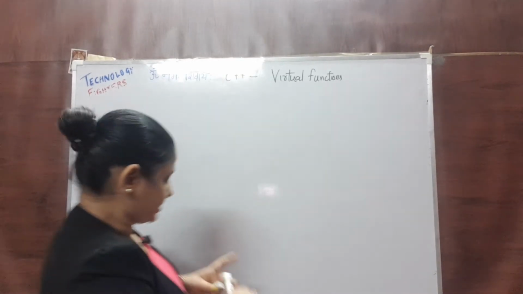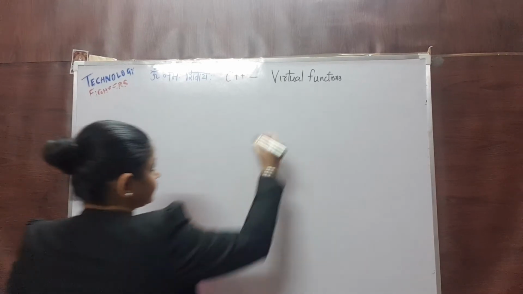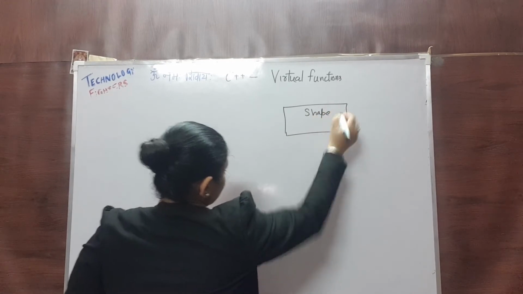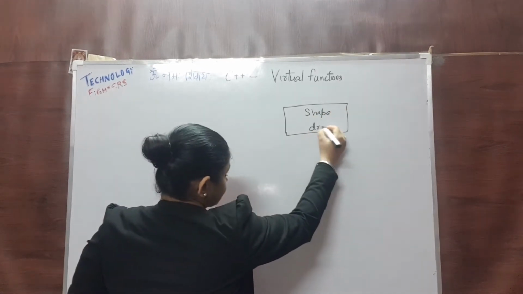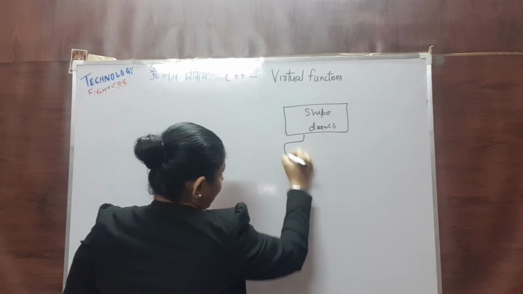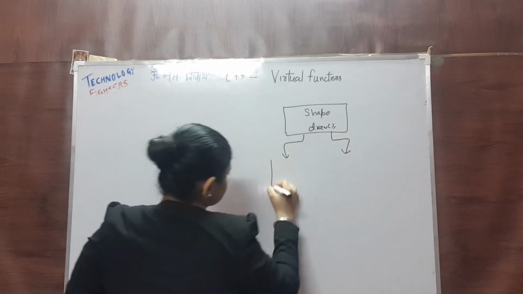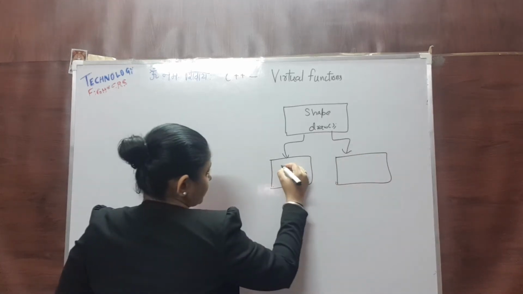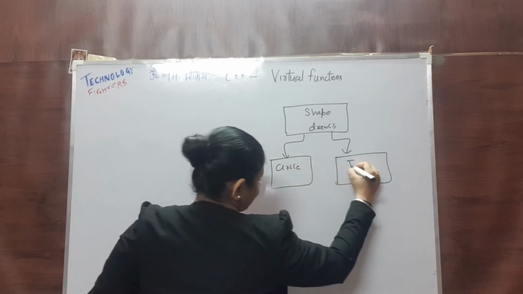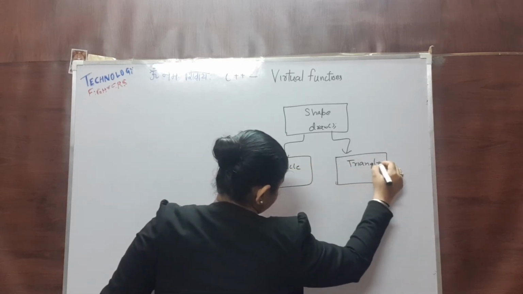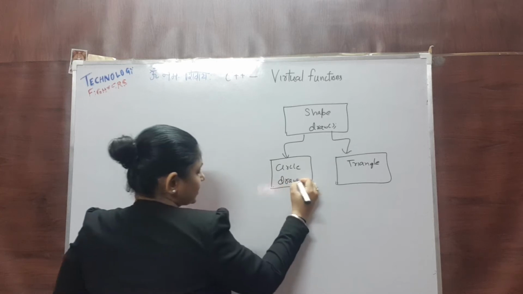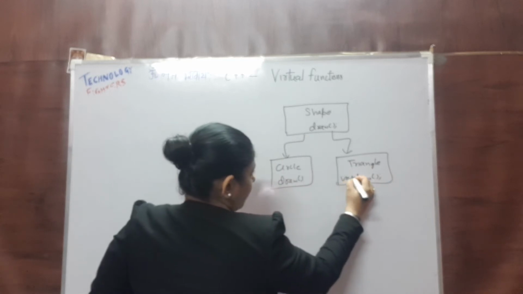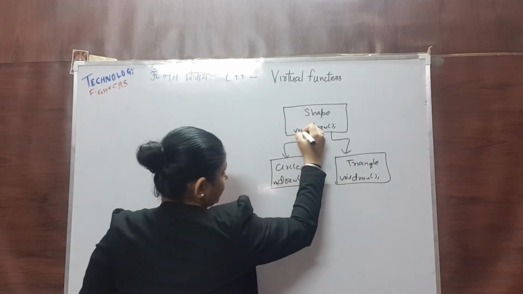Fine. Suppose I have one base class, that is Shape. In this Shape class, I have one draw function, and further this class is derived by two more classes, Circle and Triangle, and they both contain this draw function, void draw.